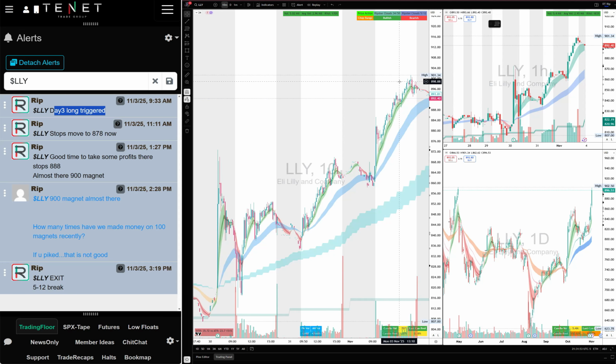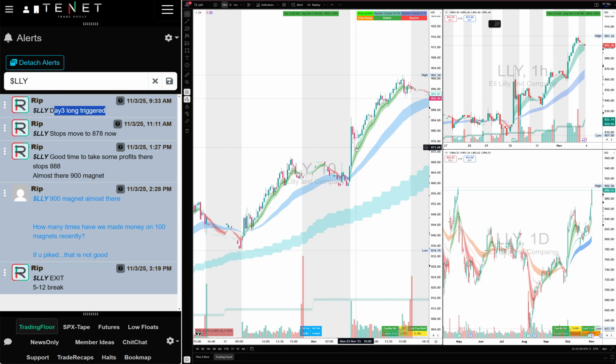Now, how would you hold it, right? You could easily make 3 grand risking just $300 on this trade with just 100 shares, because it's holding the Ripster clouds. All day my guidance to the traders was to hold, hold, hold. You see how it's holding the 512s, no reason to cut. It's also a concept of the 900 magnet.